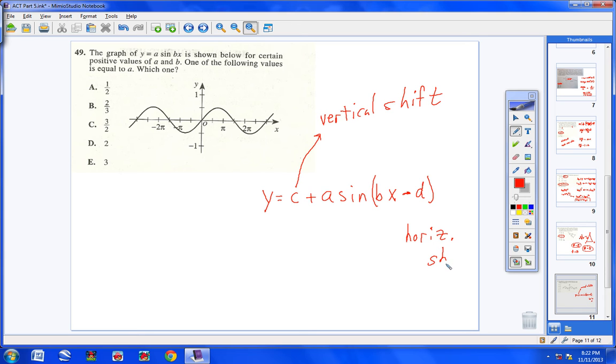Okay, a horizontal shift. And then this number here that's being multiplied times your sine, or your cosine, that's always called your amplitude. And what it is, it's your height from the middle of the graph. So see how this curve goes on and on and on? From the middle, I mean, if I were to draw a line right down the middle and cut it in half, so half of it's up top here and half of it's in the bottom like that.